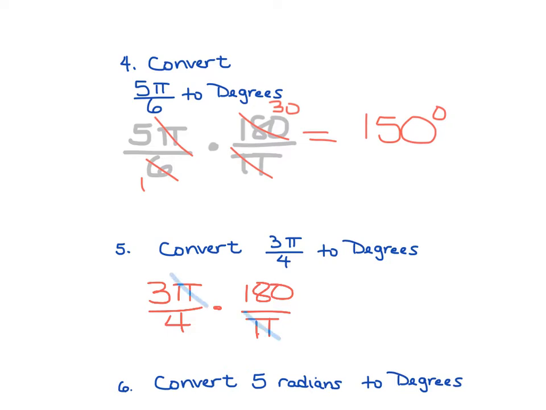I can also simplify the 180 and the 4. I know 4 goes into 180 45 times. So I will simplify that and make that a 45, make that a 1. And now I'll multiply what's left. 3 times 45, and that's 135 degrees.